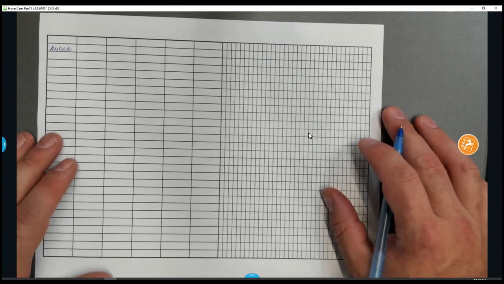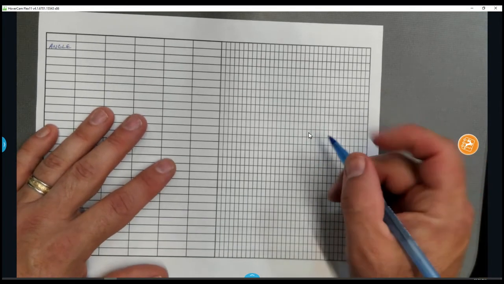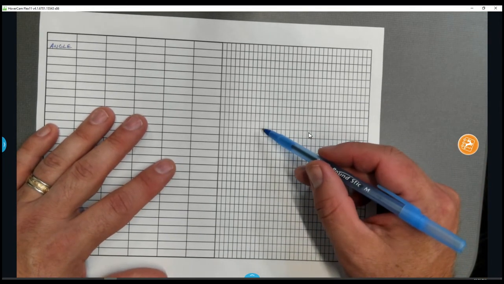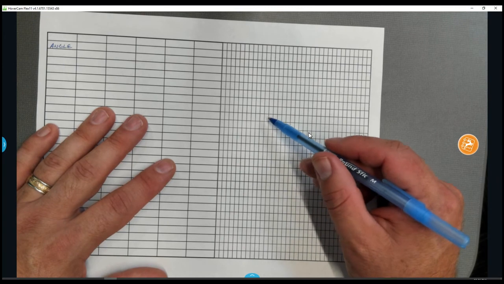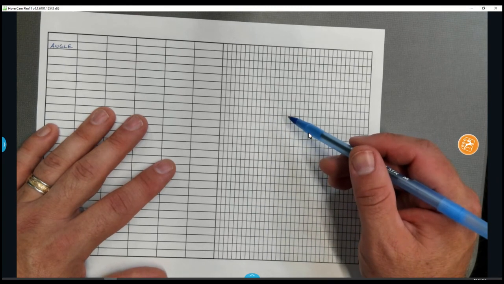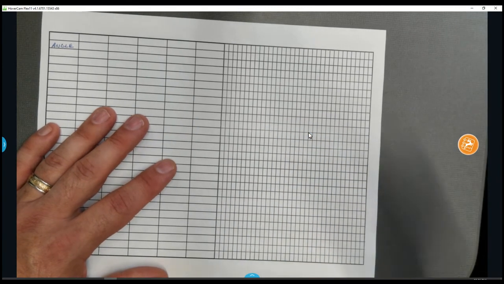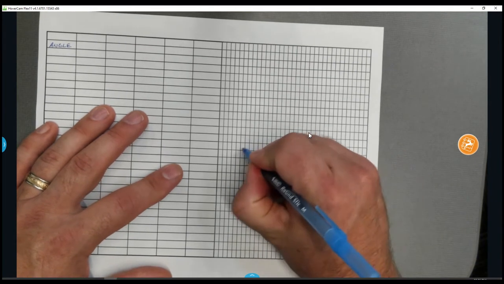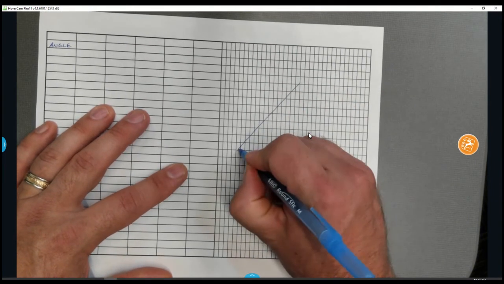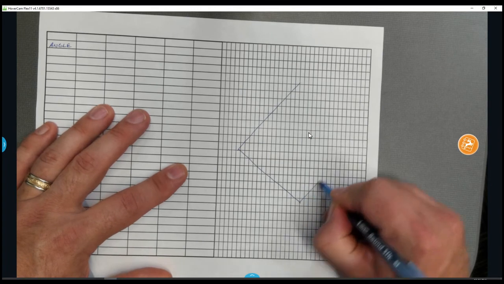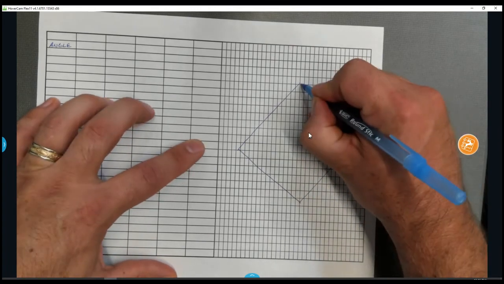Let me jump over to the side here first. Okay, so you're going to pick your location. Before you write your field notes, figure out what your closed square or square area is going to be. Draw your sketch. Say I'm out in the field and my square area looks something like this.